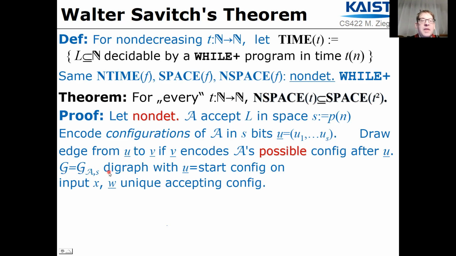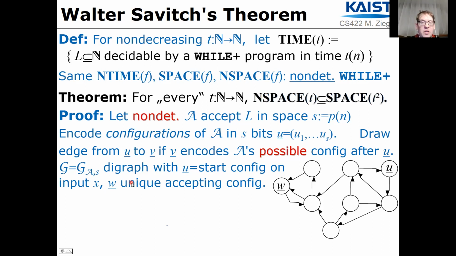So this is a directed graph, with U as the start configuration, including the encoded input X, and W is the unique accepting end configuration. And here you see an example of such a graph, and it also illustrates the non-determinism, namely, for example, this configuration has two successor configurations.